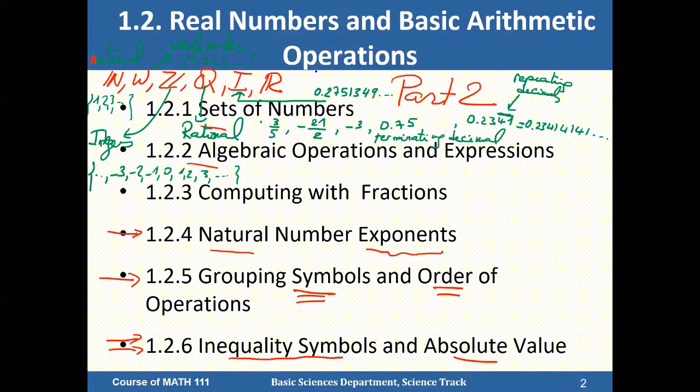So it's neither terminating nor repeating. هذم اسمهم irrational. أمثلة square root of 2, pi, square root of 7/5. All these are irrational numbers.